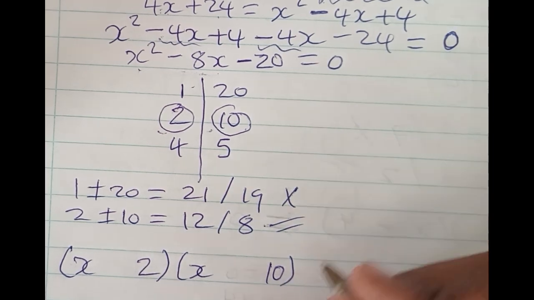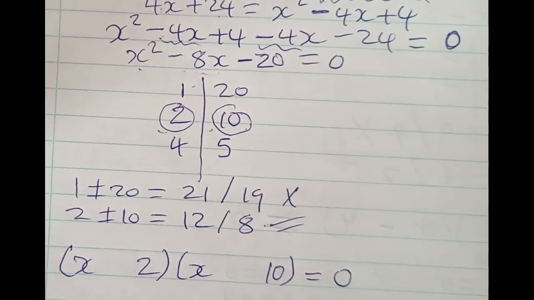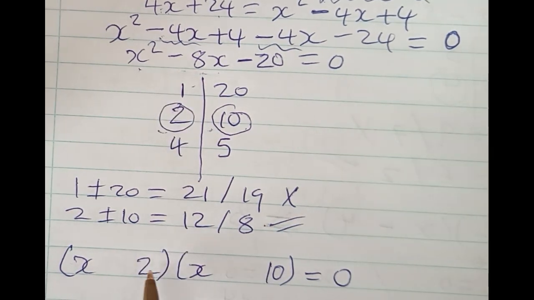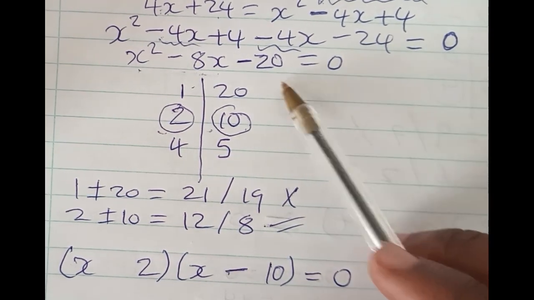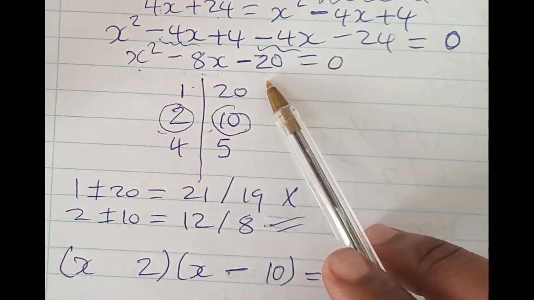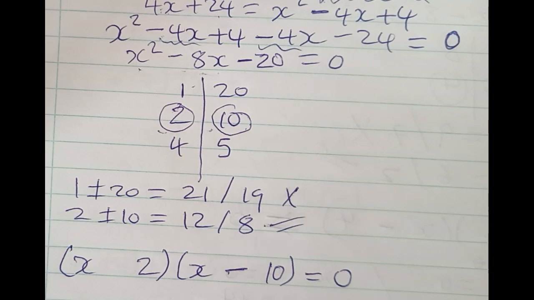Remember this is equal to 0. So I said the bigger number takes the sign of the middle term. The middle term is negative, and the bigger number between 2 and 10 is 10, right? So which means here I'll have negative. So our last term is negative 20, you see, and I said a positive multiplied by negative is negative.